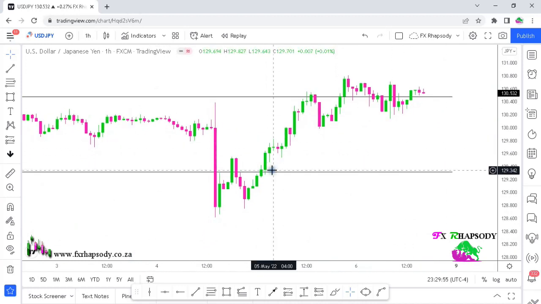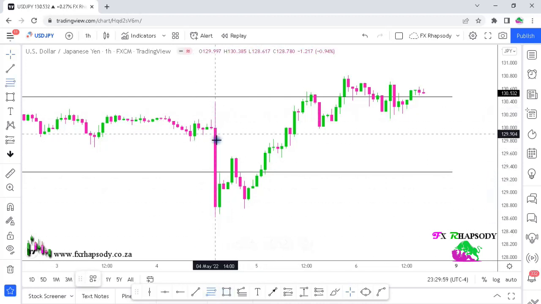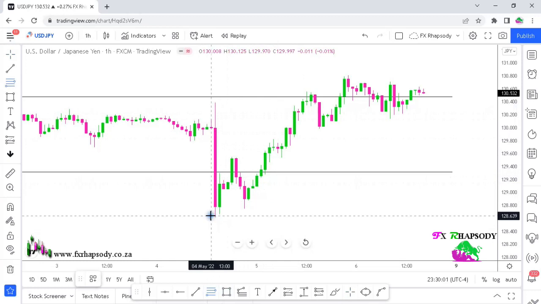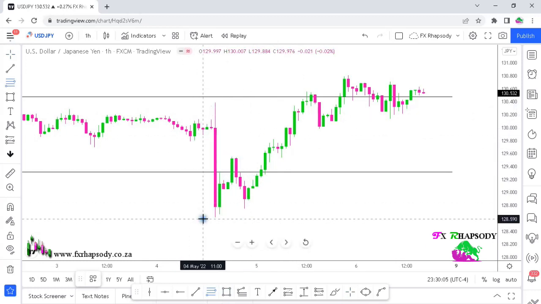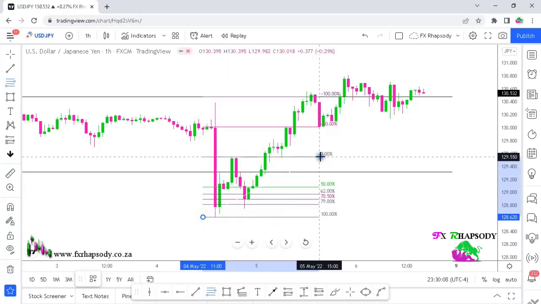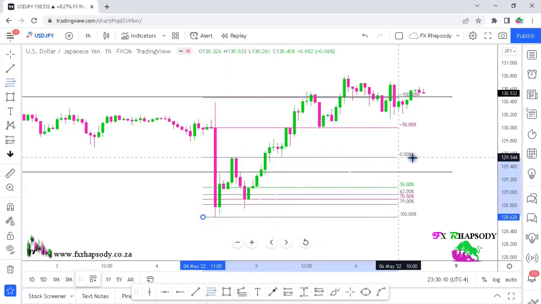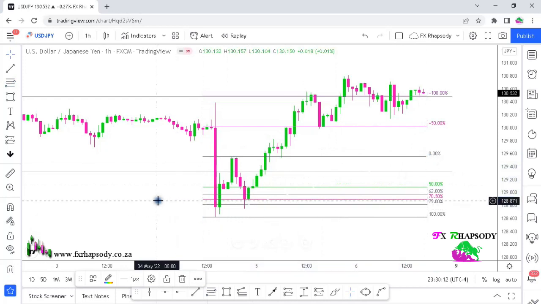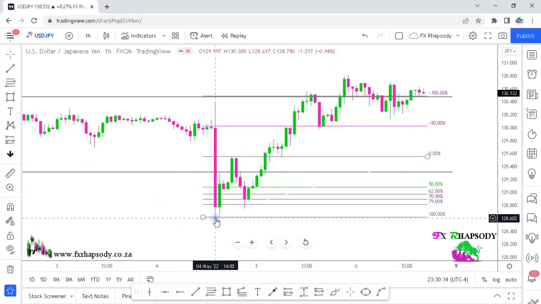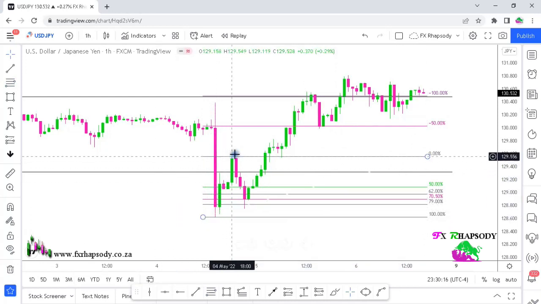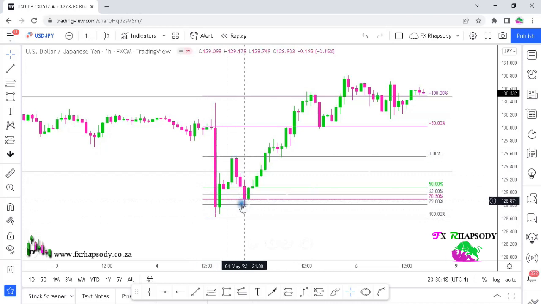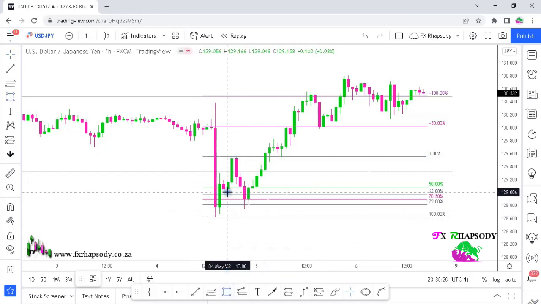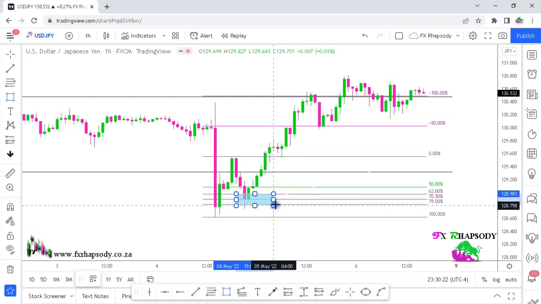If you did catch this little move, I will show you. There was a big push down with a bearish candle, then price came up, tapping that liquidity, went up and retraced. You have this low forming, price going up, forming a small little high, retracing, and look at this nice little entry in the 62% to 79% zone.